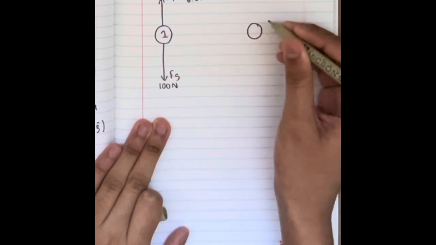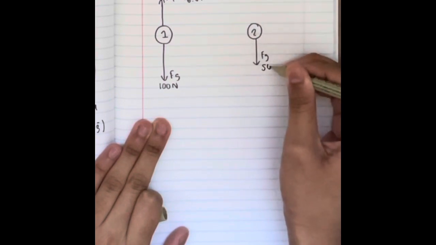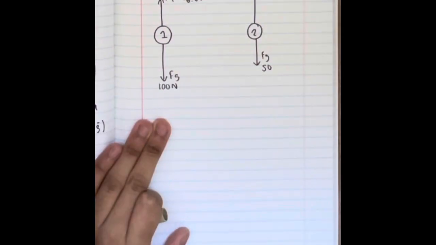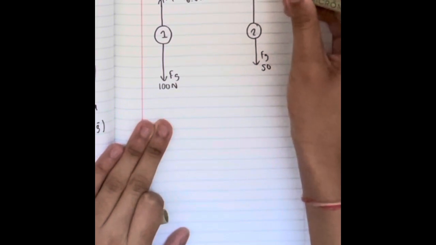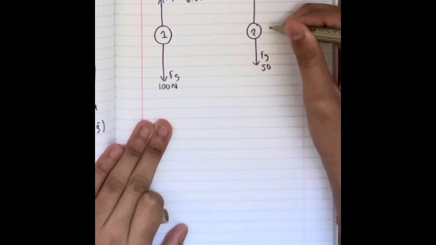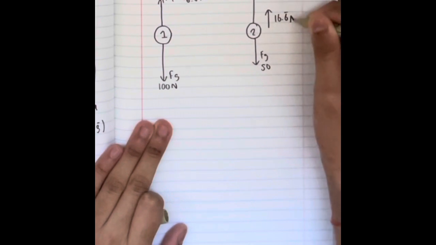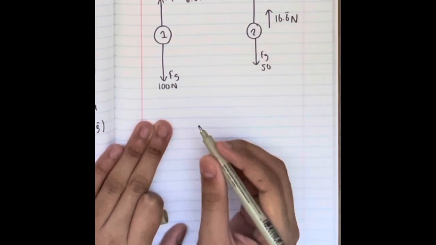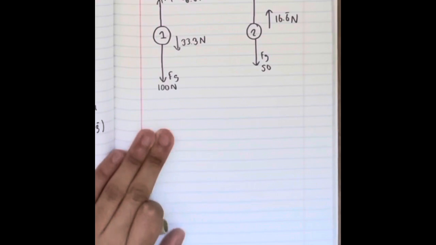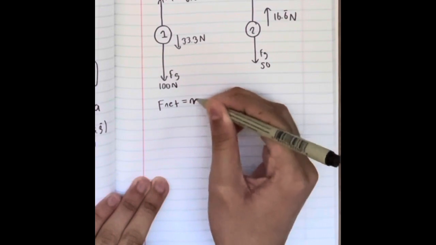Now let's think about mass 2. We know that the force of gravity is 50 newtons, but the tension force, which we can see is bigger, which is what causes this block to go up, is 66.6 newtons. And so quickly we find the net force on these objects. For this one, it's 33.3 newtons, and for this one, it's 16.6 newtons.